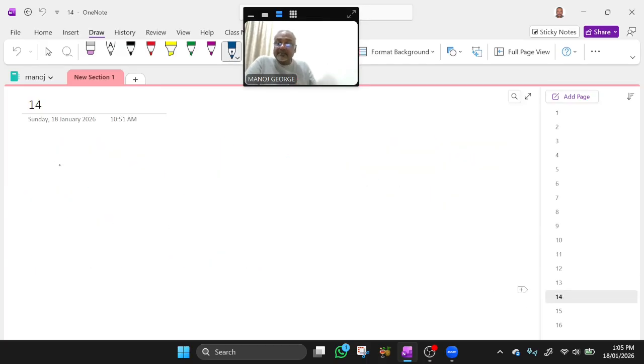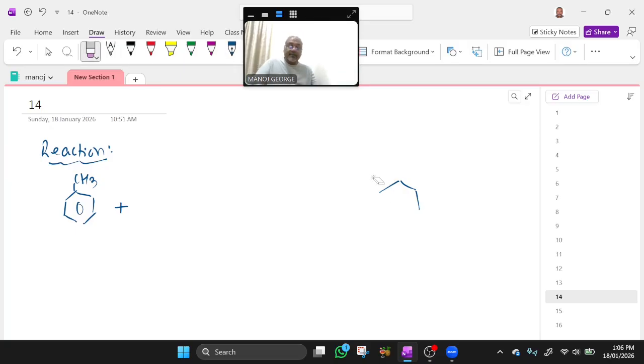So let's do some reaction. I'm sure you can complete the reaction. You don't have to copy from the screen. I'm giving you methyl benzene. Go ahead, finish this equation. I want you to change this into, of course, we are going to get two isomers, right? So this is one isomer. I'm drawing one isomer.